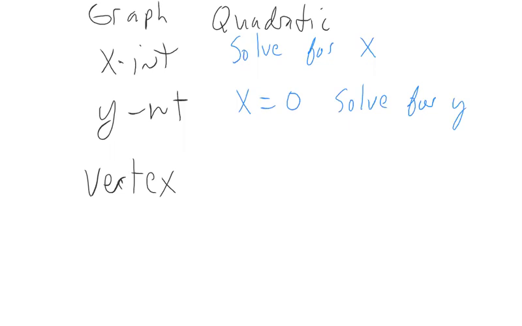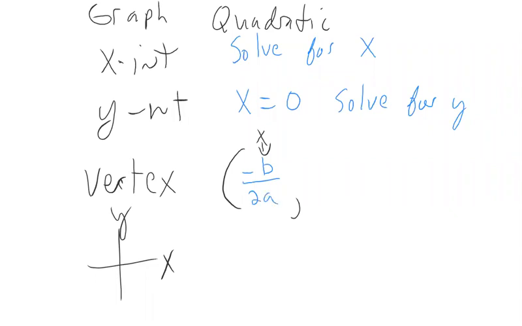To find the vertex, it has a formula. For what we call our x coordinate, right? So be careful, this is not x, but this is the x coordinate when we draw a graph on an xy plane. To find the first number in a point, it is the formula negative b all over 2a. Well, that should look familiar. That is the first part of the quadratic formula. So you find that value by using a formula.